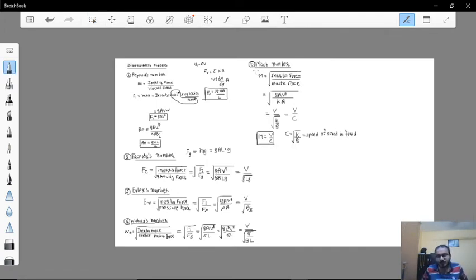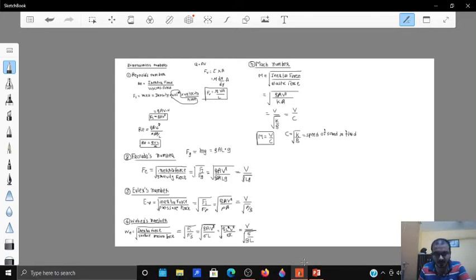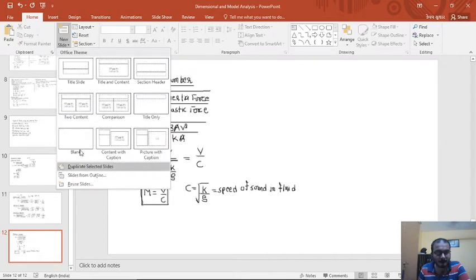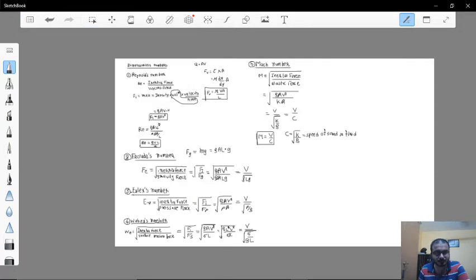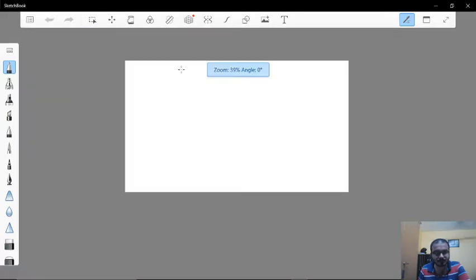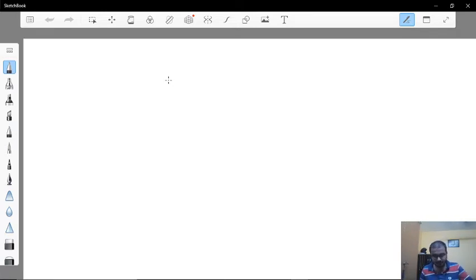Now we will move forward with our new topic. The topic is model laws.